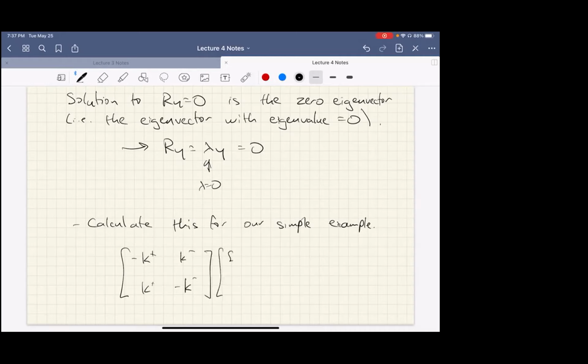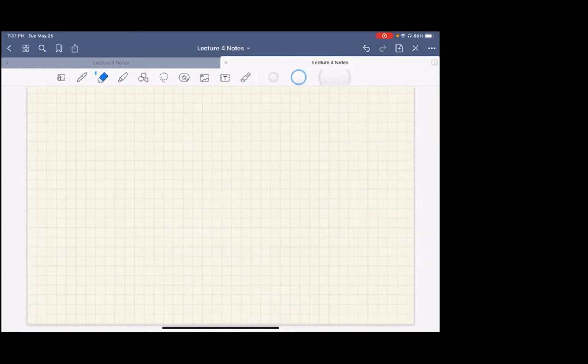And what we require is that this, when multiplied by Y, so this is R, this is Y, has to equal the 0 vector. Okay, so the solution is pretty simple. You can find this a number of ways, but probably the simplest is to just multiply it directly.